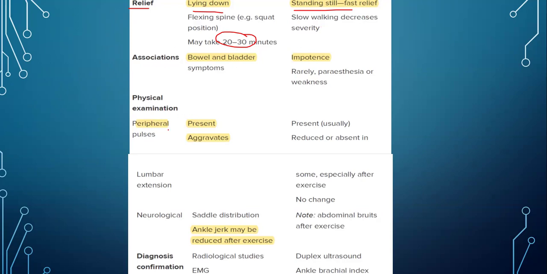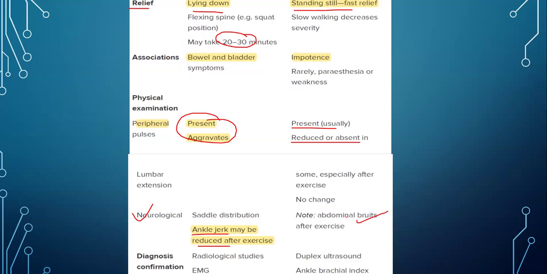If you do the physical examination, for neurogenic claudication their pulse will be fine. In vascular claudication, the pulse can be present, but sometimes it can be reduced or absent as well. And if you do a neurological examination in spinal canal stenosis, sometimes you can get some neurological findings. Even the ankle jerk can be reduced. But for vascular claudication, neurological findings will be normal.